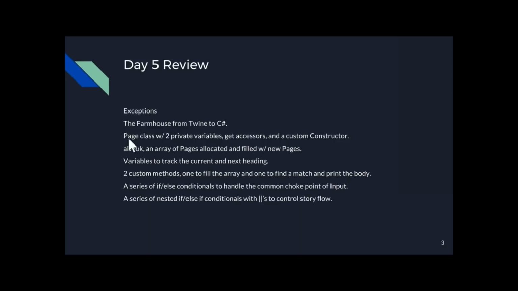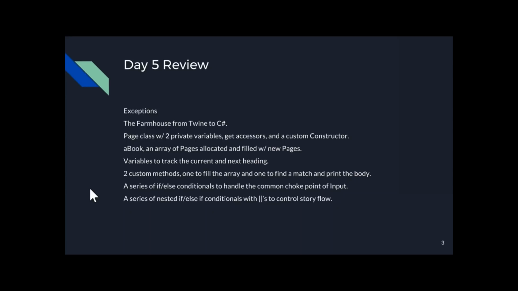To do that, both the allocation of the book and pages, and how we're going to see that content on the screen, where we do our for loop that iterates across the array, we created 2 custom methods, one to fill in the array, fill in each one of those pages, and then a method specifically for rendering our information.